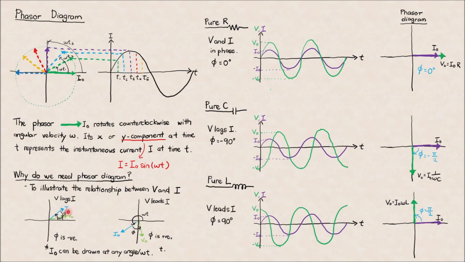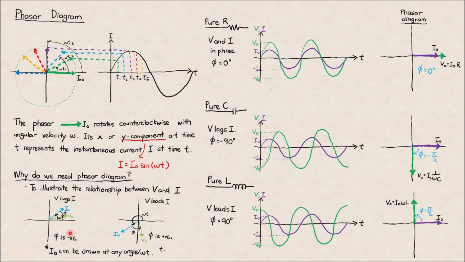It's looking for the position of V naught with respect to I naught. So you should start from I naught, go towards V naught. So you see here, the phase angle is in the opposite direction to how we naturally rotate. So in this case, the phase angle should be negative. Okay, so you see that if it's lagging, of course V naught should be behind. And since V naught is behind, the phi should be negative because it's in the opposite direction to how you usually rotate.